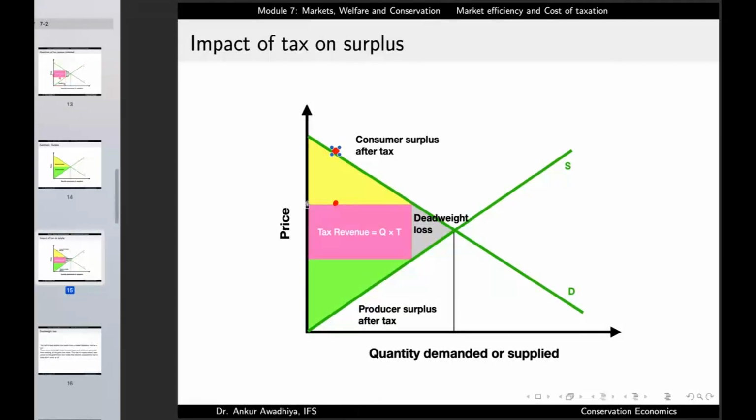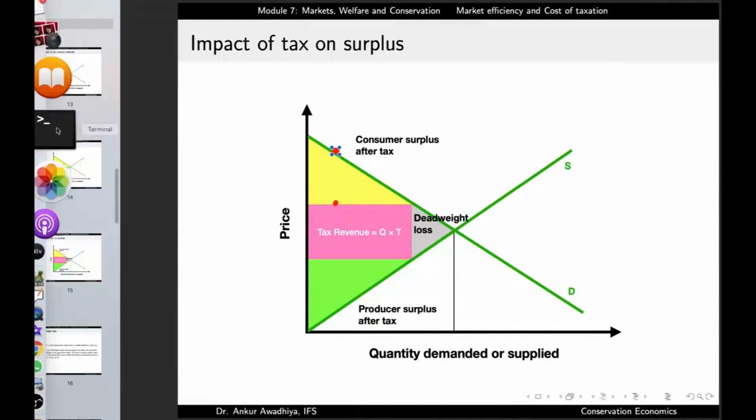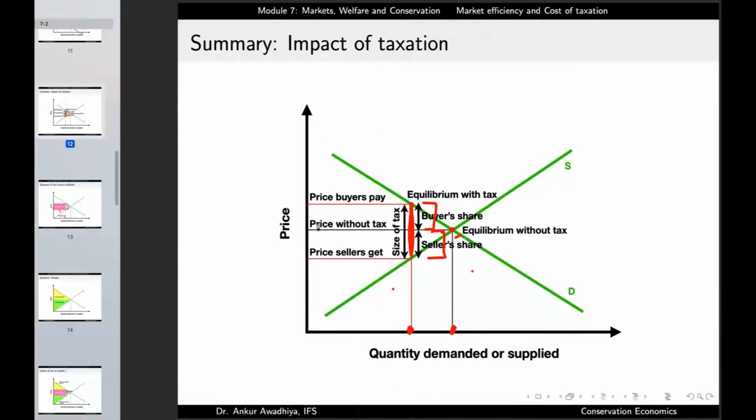Now, because the consumer is now paying a higher price, whereas earlier the consumer was paying a lower price given by this amount, which is the price without the tax. But now the buyer has to pay a higher price. And we have observed that the consumer surplus is the difference between the value of a good and the price that the buyer has to pay.